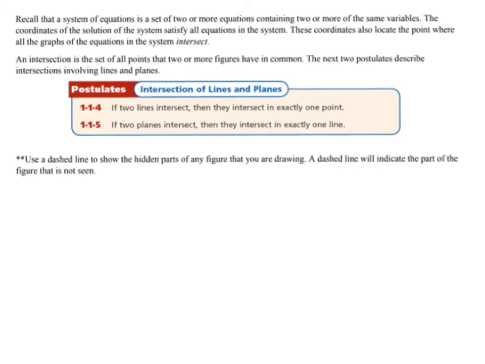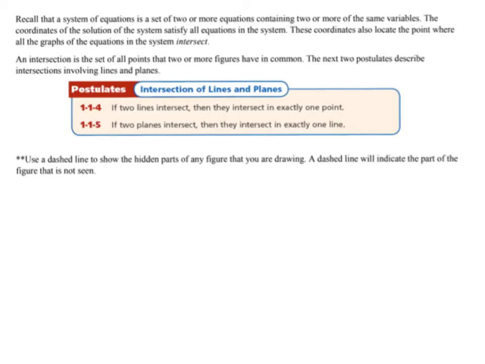Hopefully you also spent some time looking at how to solve it graphically, and you realized that if it was 2 linear equations, typically, because they could have been parallel, but most of the time they would intersect at exactly 1 point. So that's actually where these 2 other postulates come from.